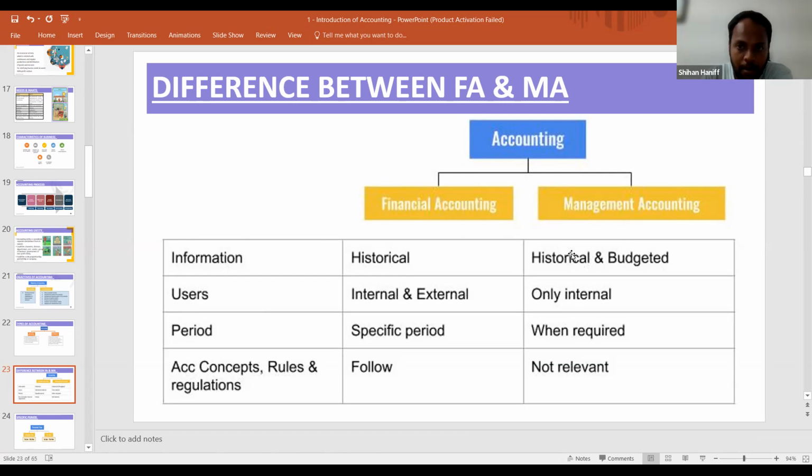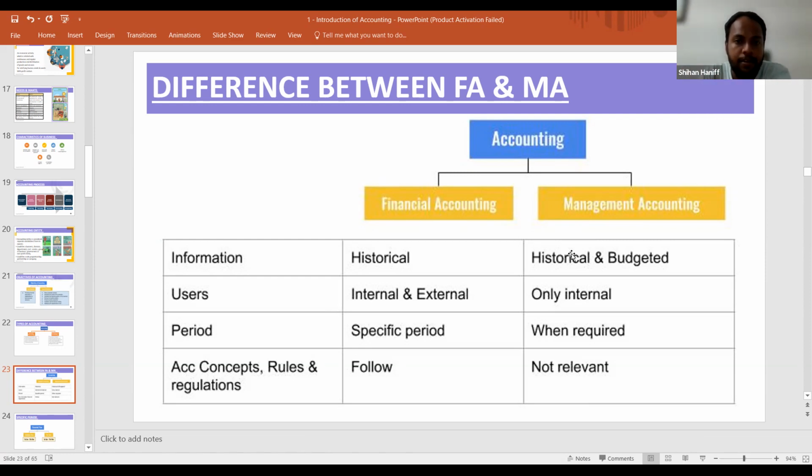Remember, in management accounting, we forecast and give the information. In financial accounting, from the transactions, we provide the past data, past information. Financial accounting is used by internal and external users, mainly external. Management accounting is only for internal purposes. We don't give the management accounting information to outsiders, only internal.